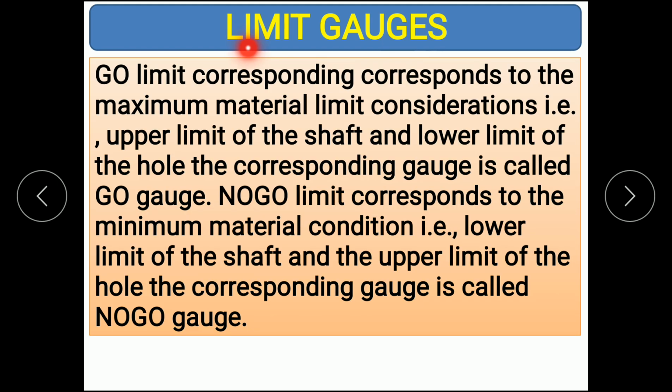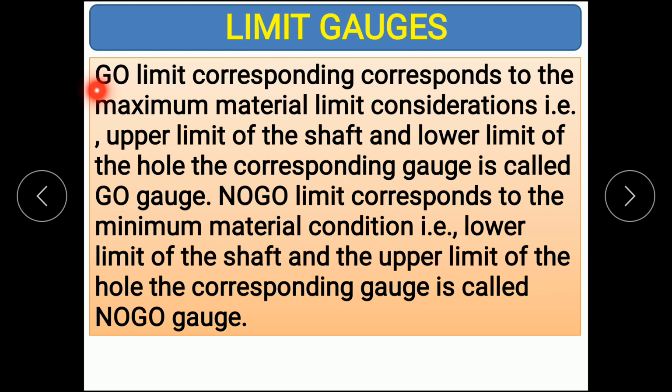So first of all, let us see about the limit gauges. देखो go limit corresponds to maximum material limit. मैंने पहले एक्सप्लेन किया था मैक्सिमम मटेरियल लिमिट्स और मैक्सिमम मटेरियल कंडीशन एंड मिनिमम मटेरियल कंडीशन. So that I already explained.